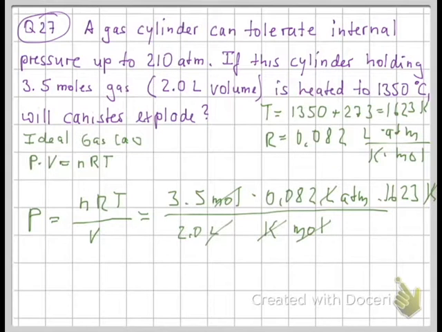We can calculate that out, and 3.5 times 0.082 times 1623 divided by 2 equals 232.9. That would be the pressure of this gas under those conditions, 232.9 atmospheres. I'm totally off on the significant figures.